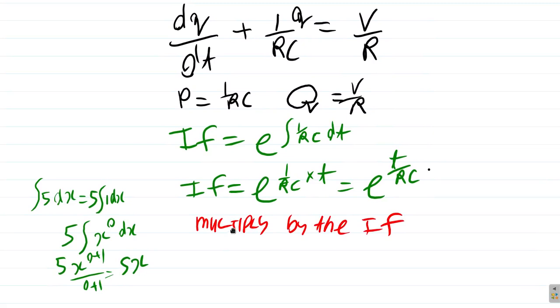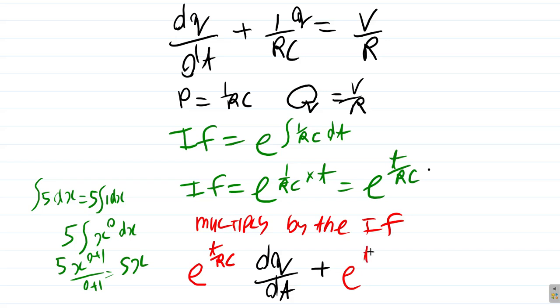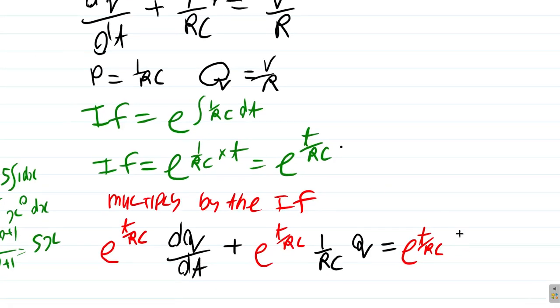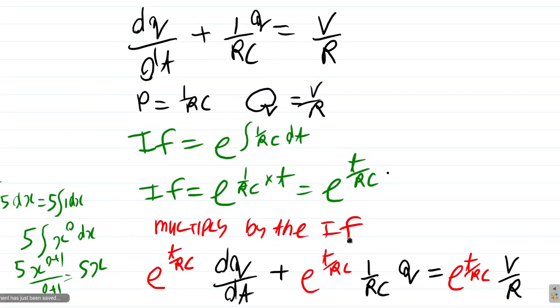What we have then is the integrating factor, in this case e to the t over RC, multiplied by dQ by dt, plus e to the t over RC multiplied by 1 over RC times Q, is equal to e to the t over RC multiplied by V over R.